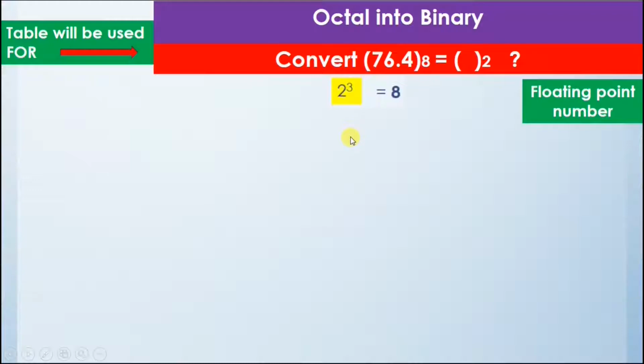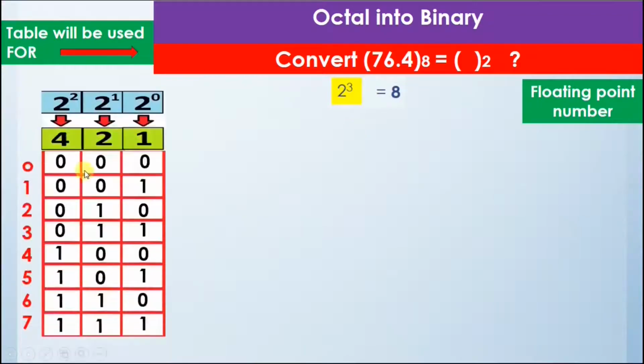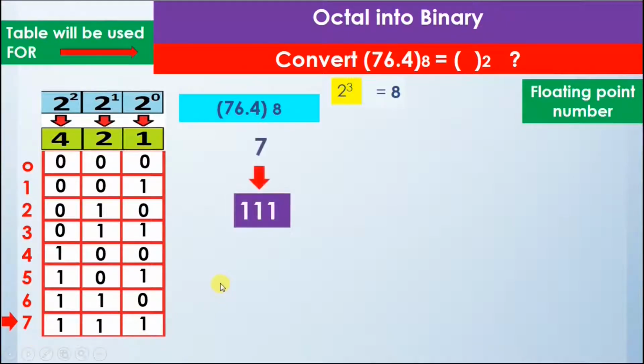So we add the table that we created before that shows octal numbers from 0 till 7 in their binary equivalents. First, we look at the number 7 and find it in the table. Here is the number 7 and it is equal to 111. So we write 7 as 111.